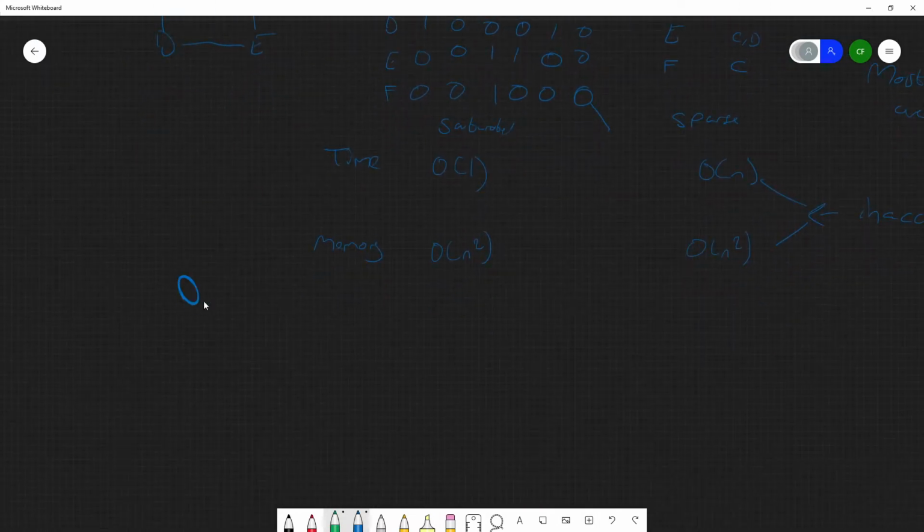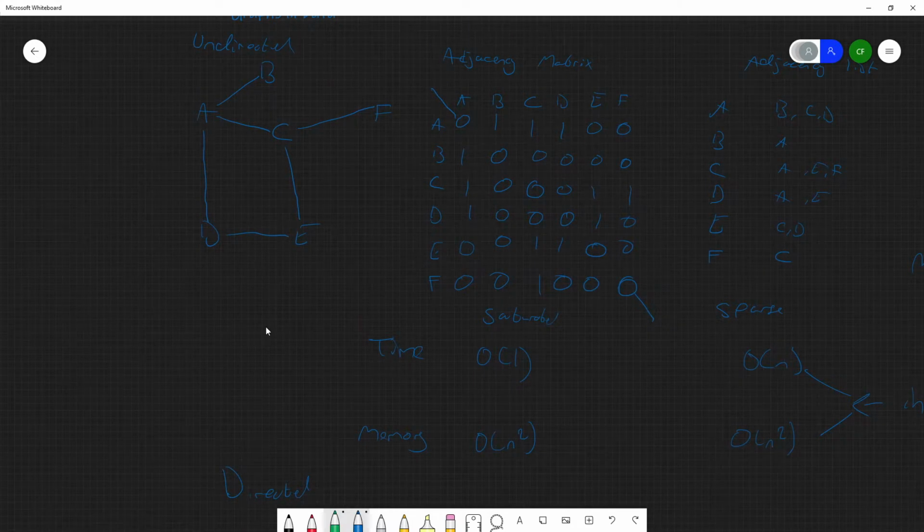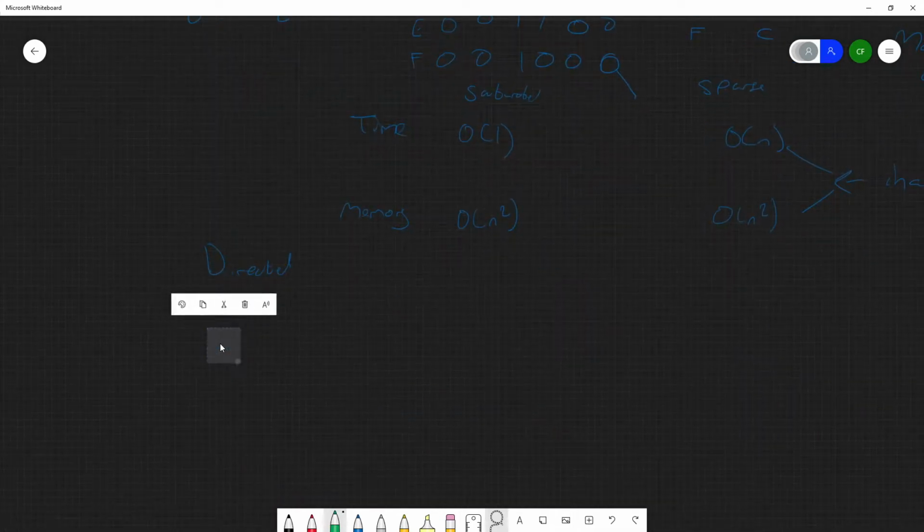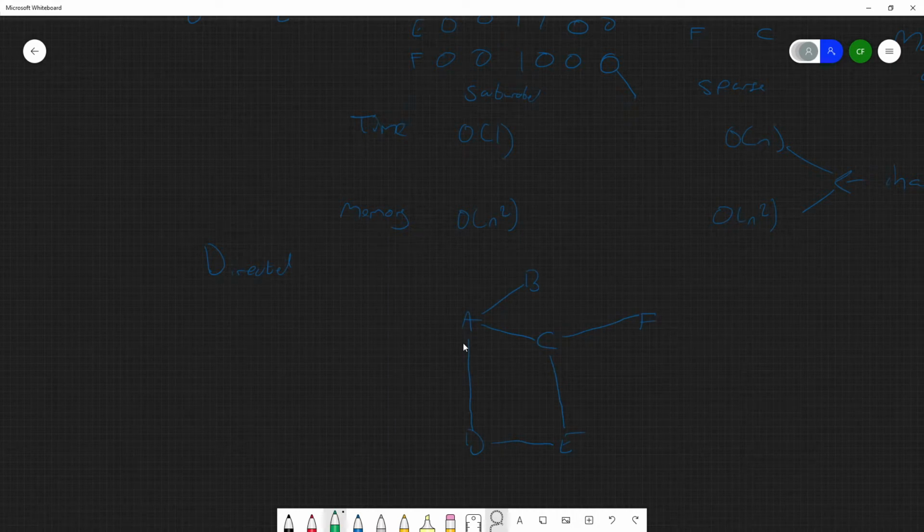Okay, directed. That's not a circle. Why is it when I want it to work, it doesn't? Okay, directed. Similar thing. We are going to be doing the same graph. So it's a bit easier. That wasn't where I wanted that.